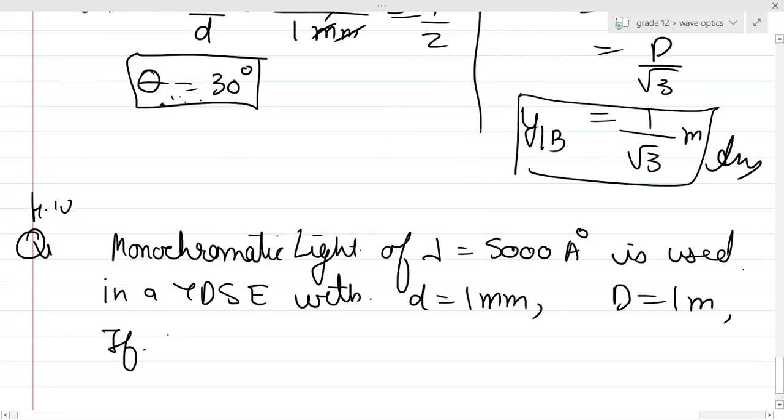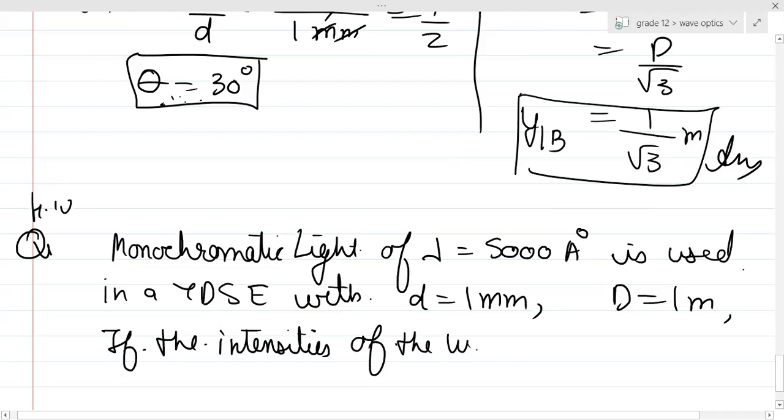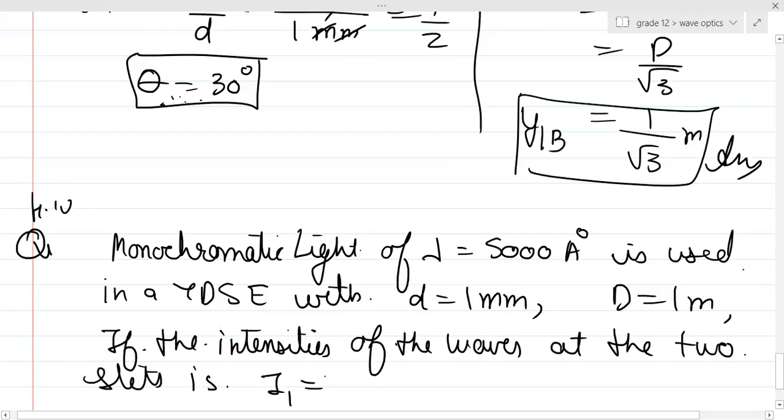Now the question is, if the intensities of the waves at the two slits are I1 equals to 4 times of I0 and I2 is equal to I0.